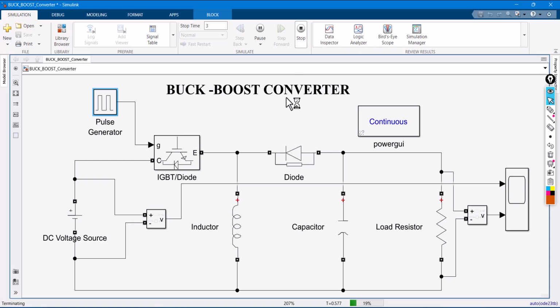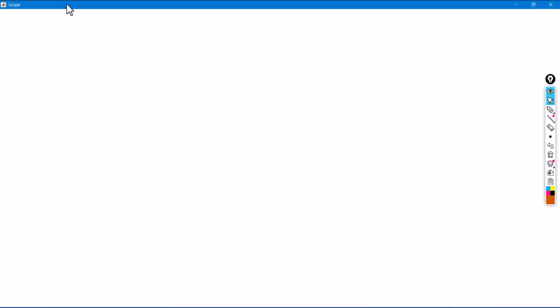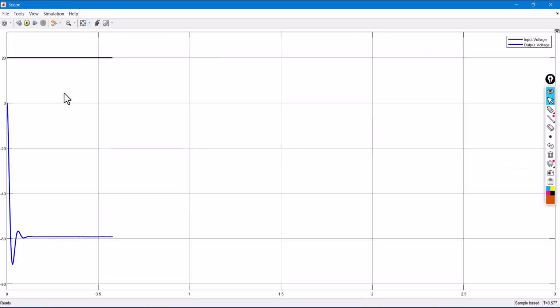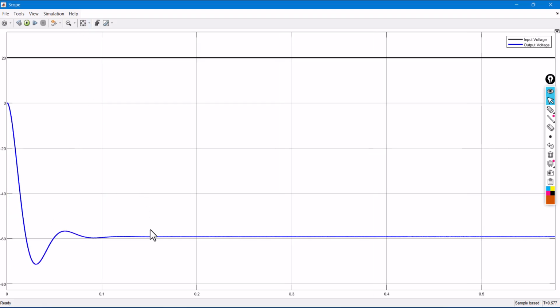My input voltage is 20 volts. If you look at the case, the output is almost minus 59 volts. It is working in boost mode, but it gives you only an inverting output.